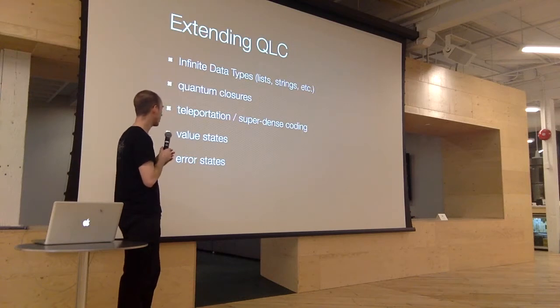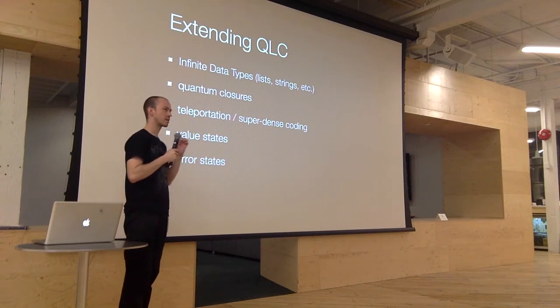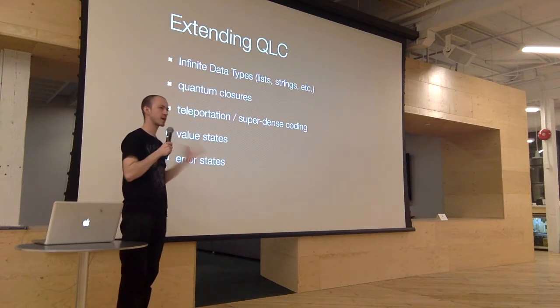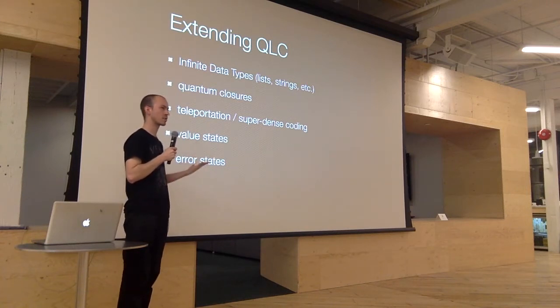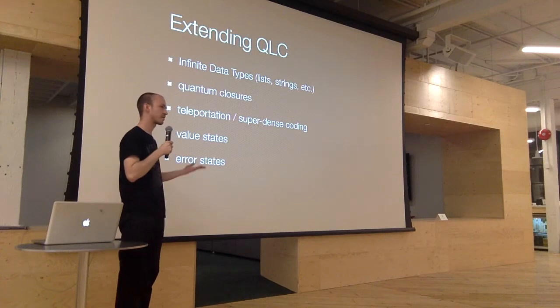Now, an important thing to point out about the value states is that, as I mentioned earlier, you can't really think of pure quantum states as having any value at all. The value is something that you get when you measure a quantum register, or a vector of qubits.